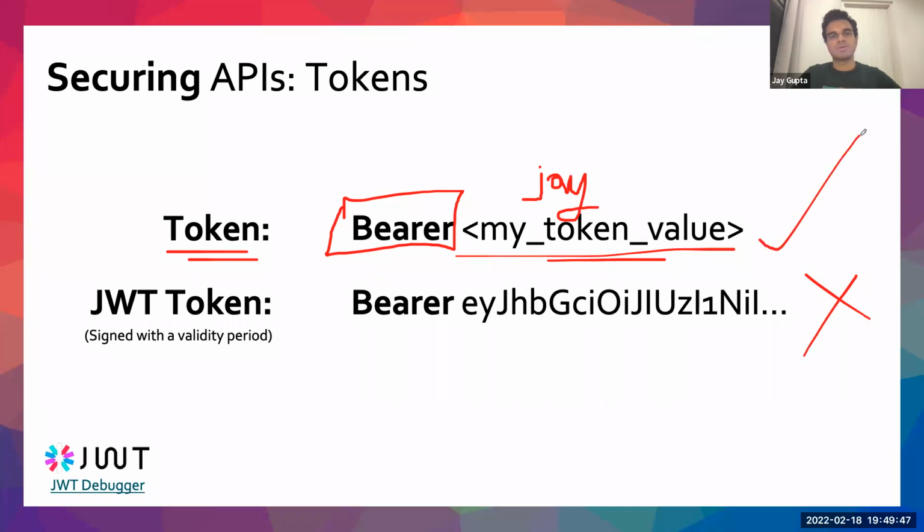We will use the simple token, but you can consider JWT a more secure and better way, because this is a signed token with a specific validity period. Most organizations will use a JWT token to identify you, but for simplicity, we are going to use a basic token, which is just bearer, space, any token value.